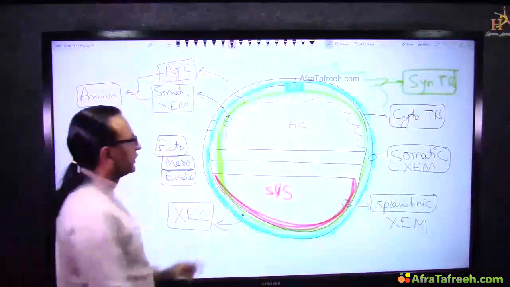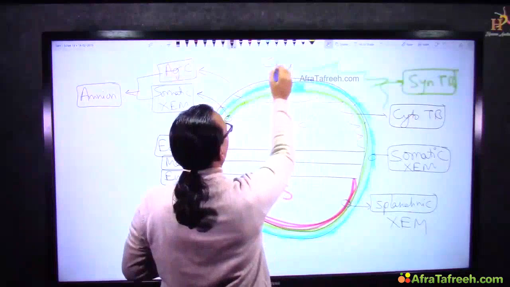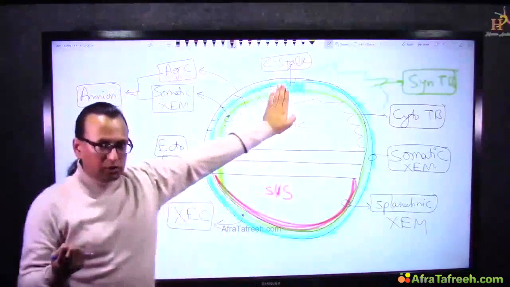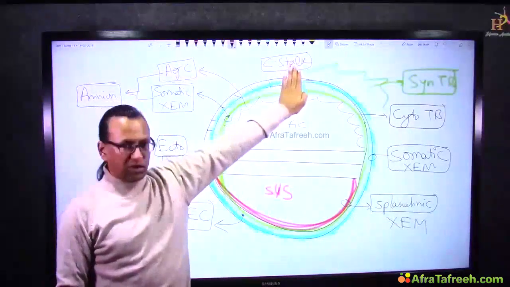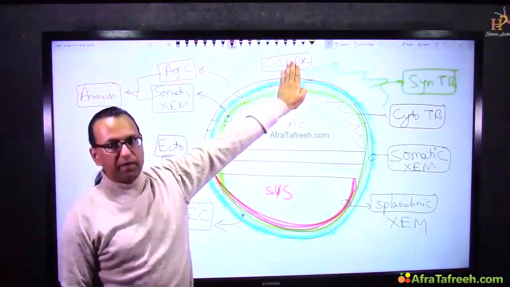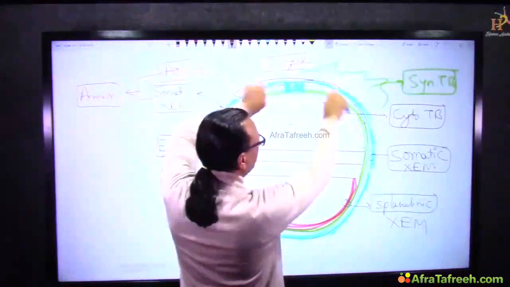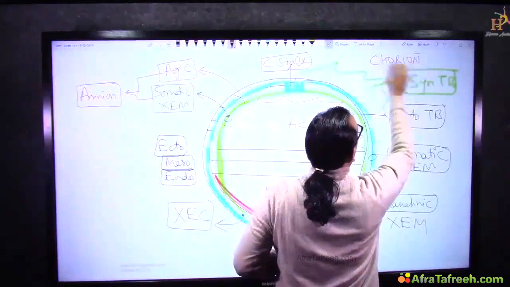Also, you can notice this extra embryonic mesoderm is contributing to connecting stalk, and that connecting stalk is going to become umbilical cord. So extra embryonic mesoderm is contributing to connecting stalk, which is primary umbilical cord. Yes, and it is also contributing to chorion. Then what are the three things in chorion?